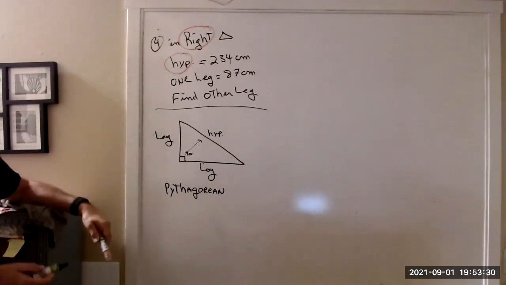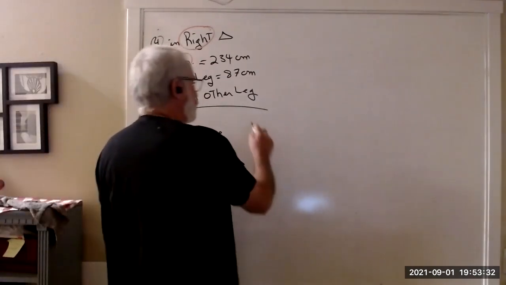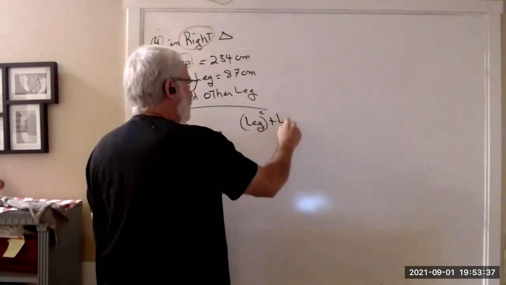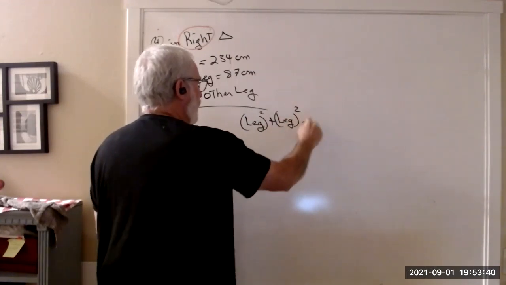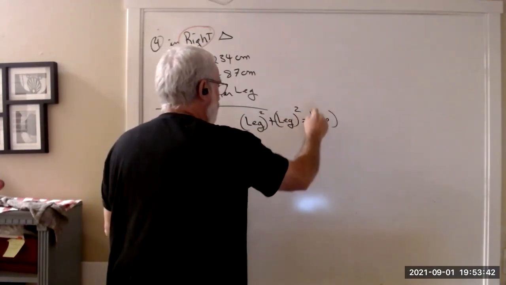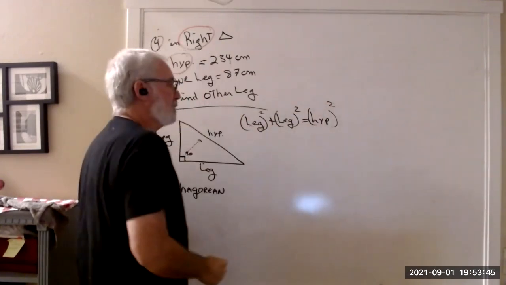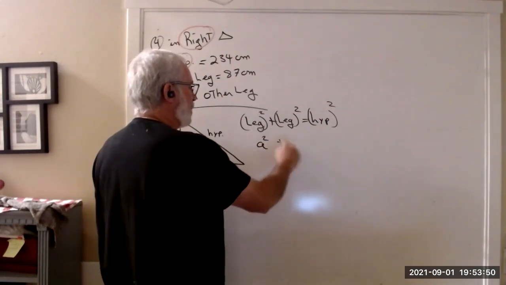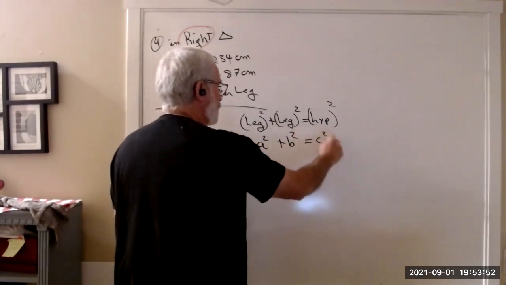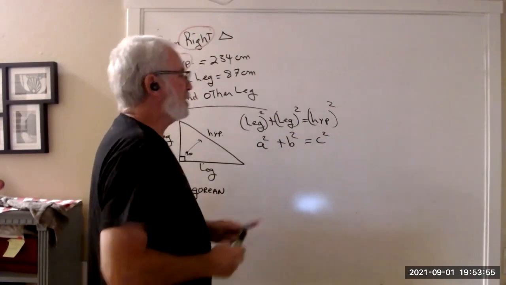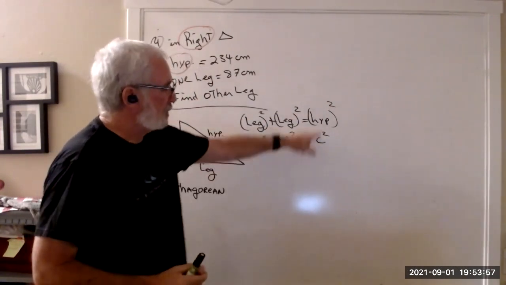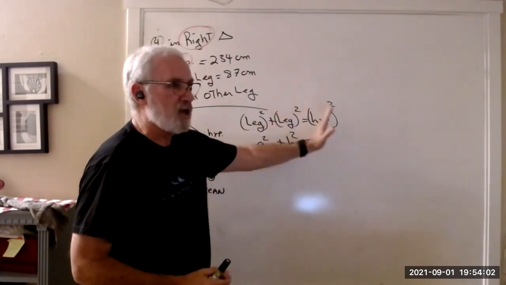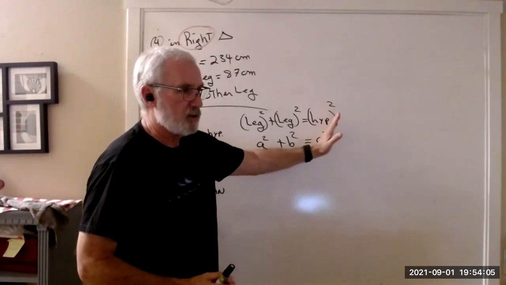His formula, like I showed you last night, was you take leg squared plus leg squared, and it equals hypotenuse squared. In high school, we learned this as a squared plus b squared equals c squared. Notice in the formula, the hypotenuse is always the one by itself, what it equals.